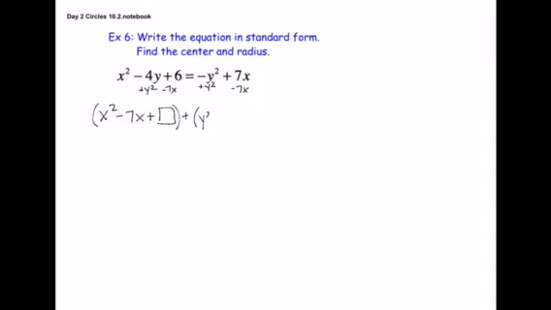We have y squared minus 4y plus box. And our constant, we need to subtract, gives us -6 on the right-hand side of our problem.